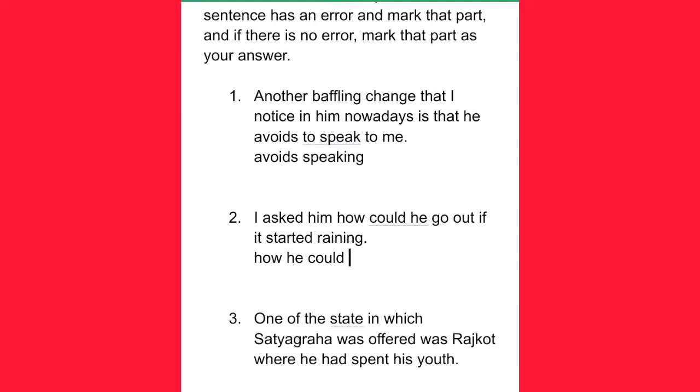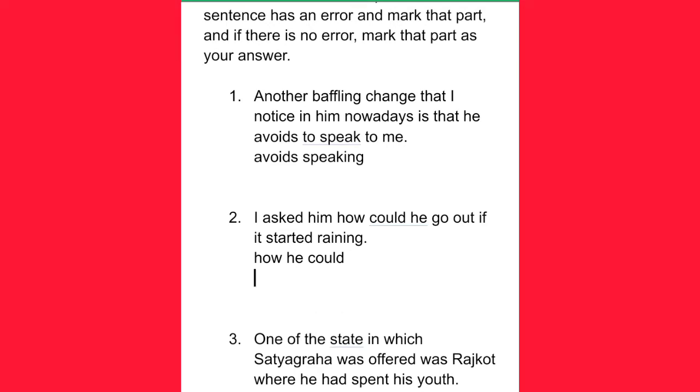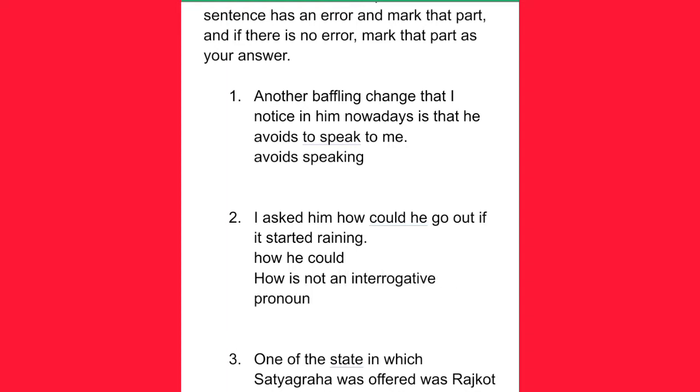questioning that because it is a question, why should could not come before he? So I must tell you that in this sentence, how is not an interrogative pronoun, but how has been used as a conjunction. Are you getting it?